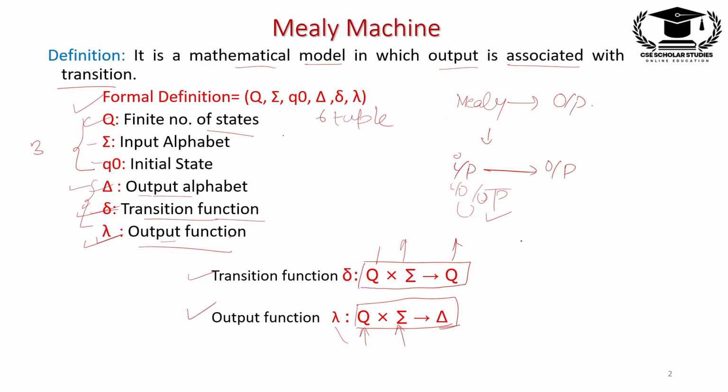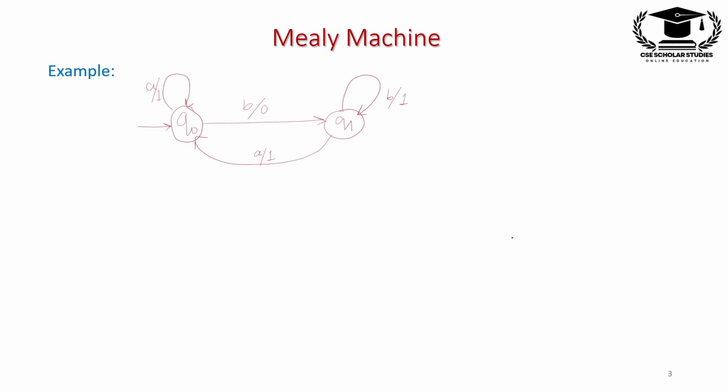Suppose there is an example. Q0 is the initial state and Q1 is another state, and these are the transitions with the corresponding outputs given. For Q0, for A input the output is 1, right?